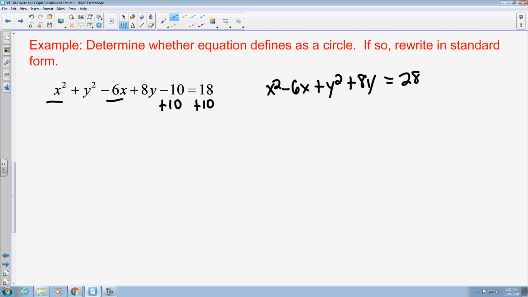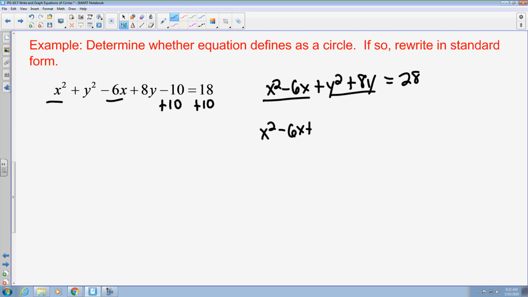So what we're going to do here is look at these two individually, and we're going to go back to what we did in intermediate algebra and say, all right, we want to complete the square. So I'm going to take x squared minus 6x plus, 6 is my negative 6, my b.